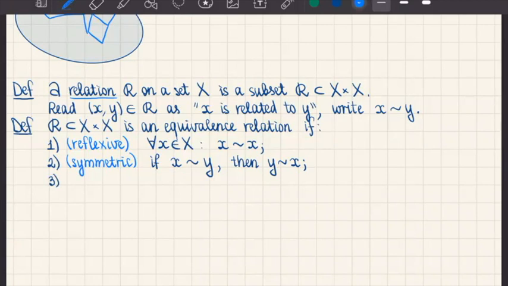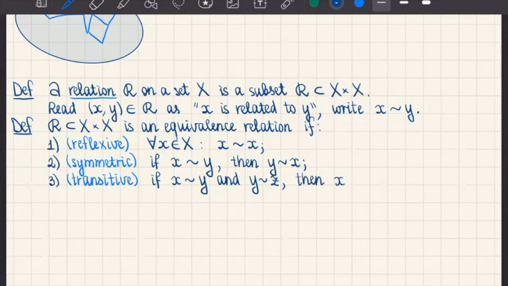And lastly, I want this relation to be transitive. Namely, if x is related to y and y is related to z, then x is related to z.